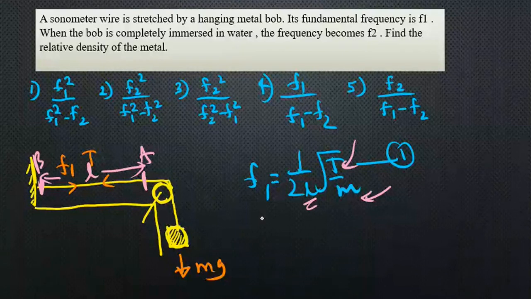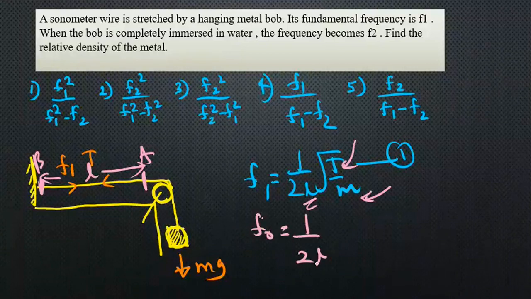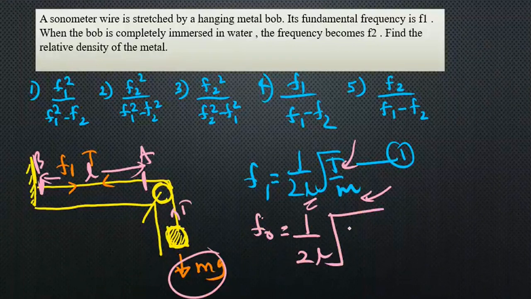So we can write again F naught equals 1 over 2L root. Here the tension is equal to mg, so we can write mg for T, but here we have to relate density into this. So we can write mg in terms of density.